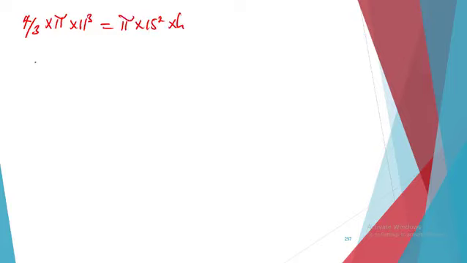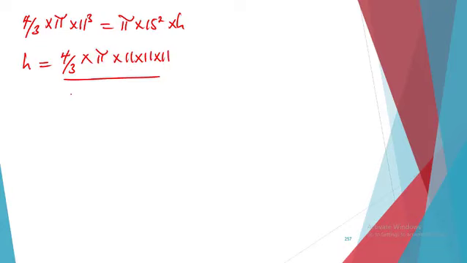So making h the subject of formula, h will be equal to 4 over 3 times pi times 11 times 11 times 11, that is 11 raised to power 3, all over pi times 15 times 15, in 2 places. Is that correct?